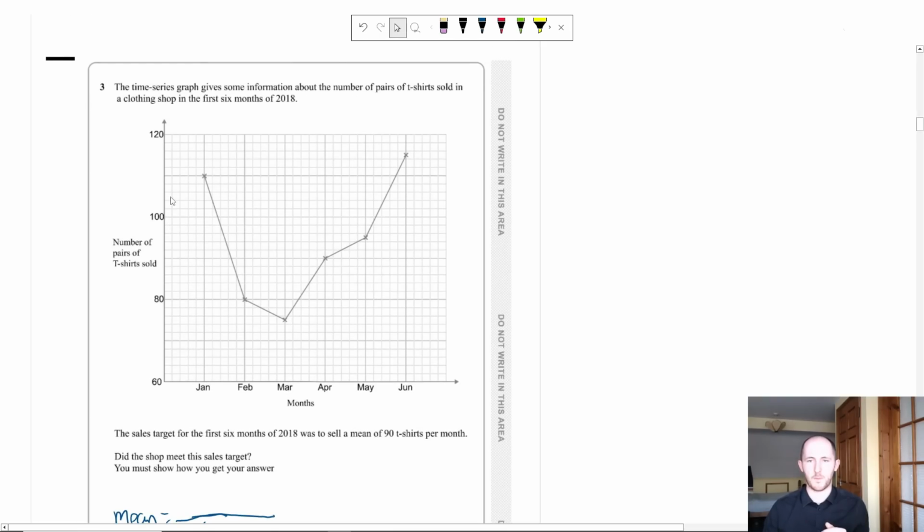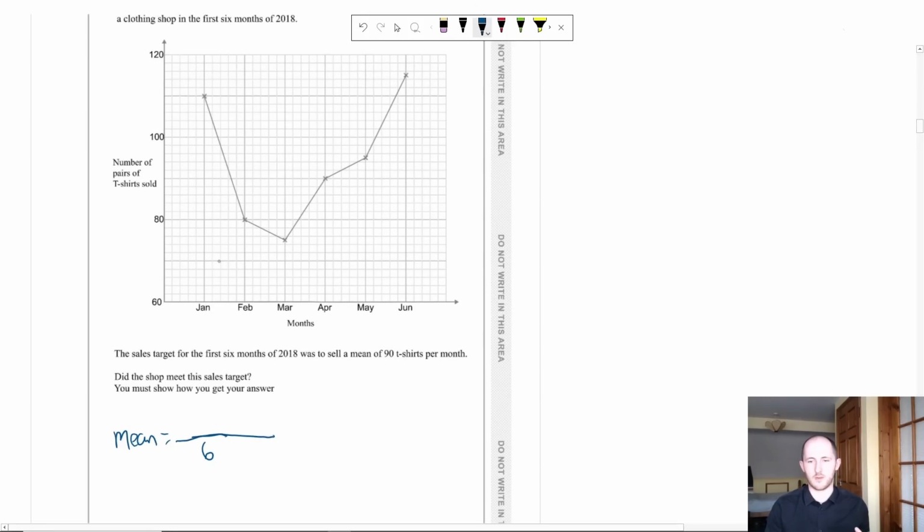So all you're doing is reading it off. If you have a look, we have in between 100 and 120, that's obviously going to be 110. Each of these big squares here is 10, which means the little ones are worth 2 each. So that's 110. Then it'd be 80 for February. And then this is, again, where it gets a bit interesting. So that's 70, so that'd be 72, 74. It's midway between 74 and 76, so it should be 75.